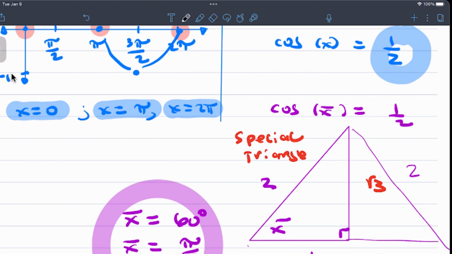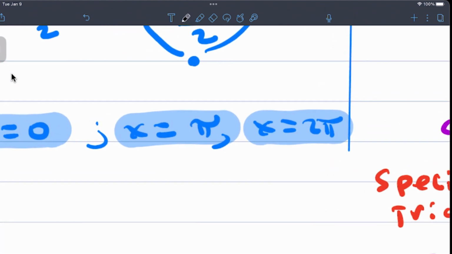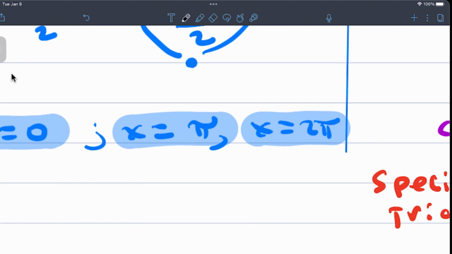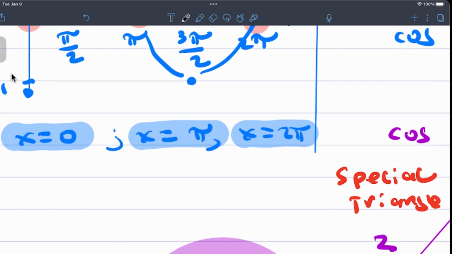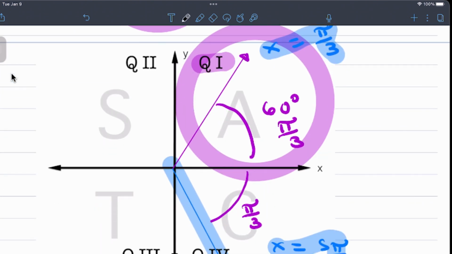But notice, don't we have these other solutions for sine? 0, pi, and 2 pi. Is that right? So you might say, what do I do? Well, look at these solutions here. 0, pi, and 2 pi. Isn't that 0 degrees?